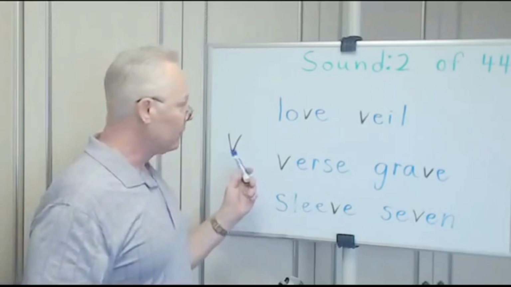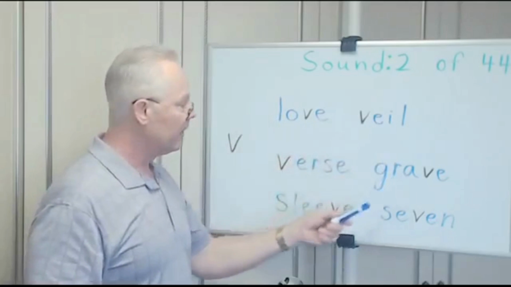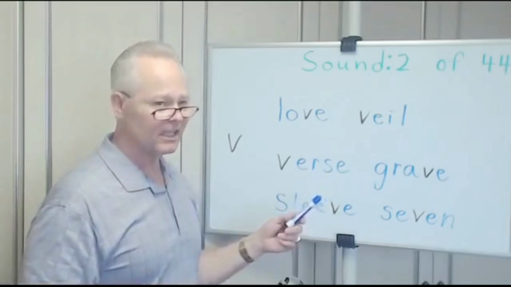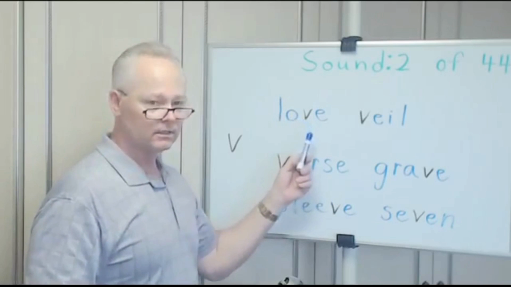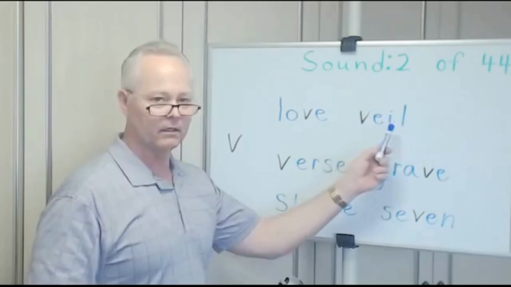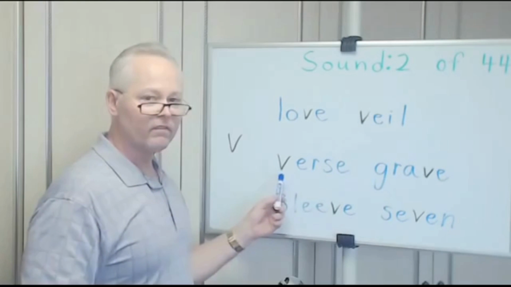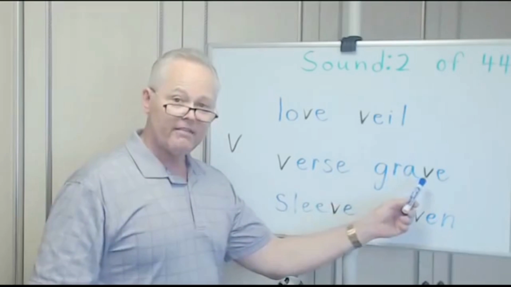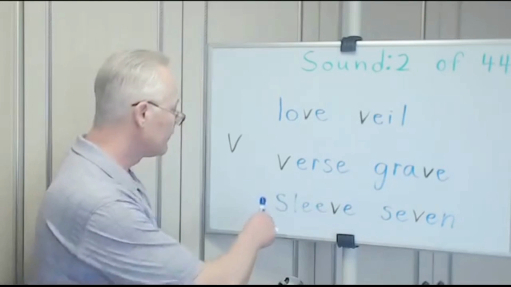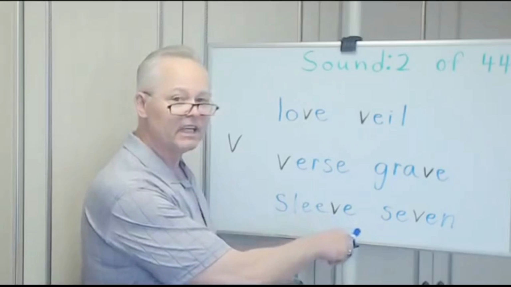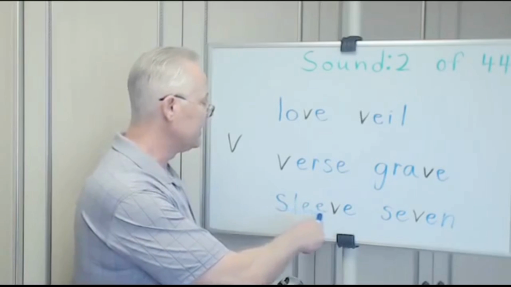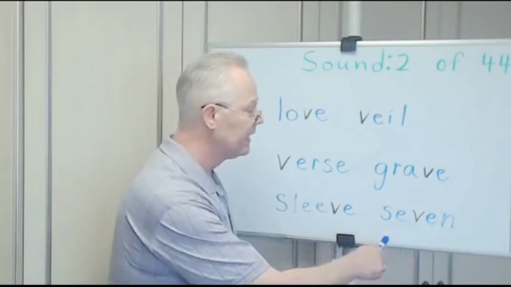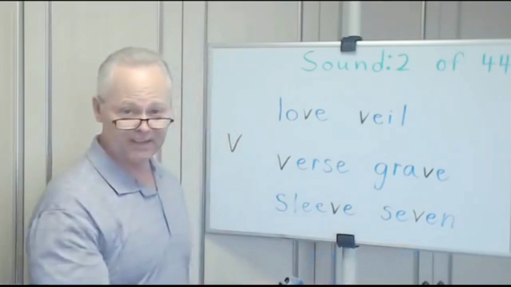With the V, we have words like, these are just examples. There are many, many more words with the V sound. Love, veil, verse, grave, sleeve, seven, the number 7.